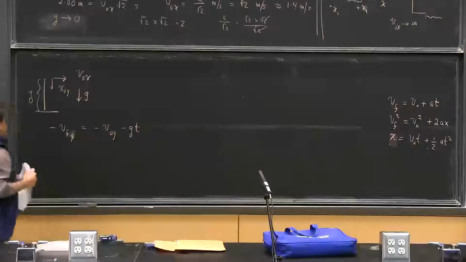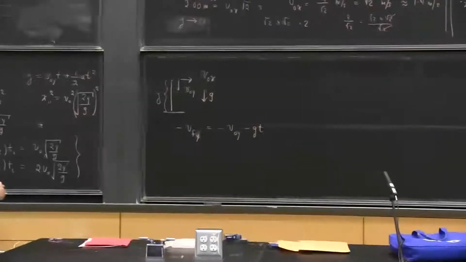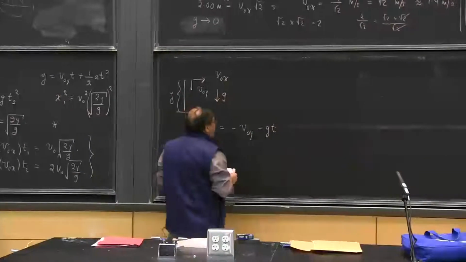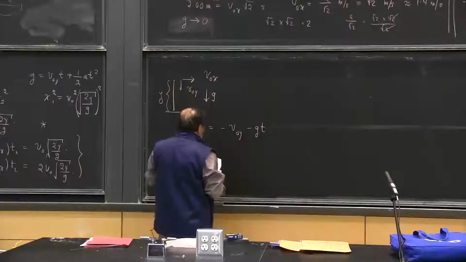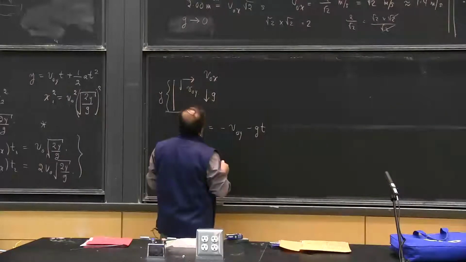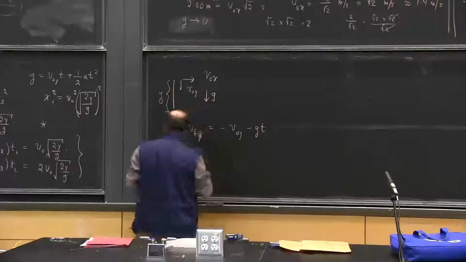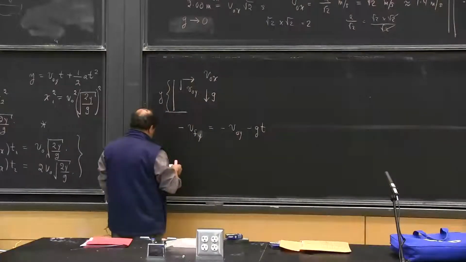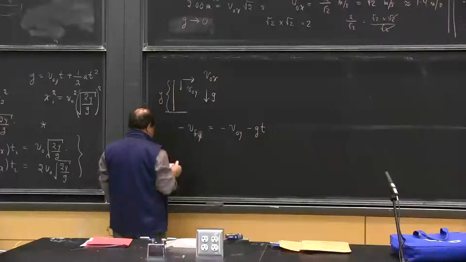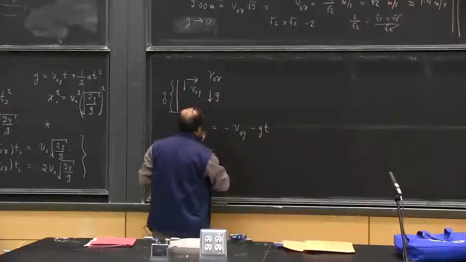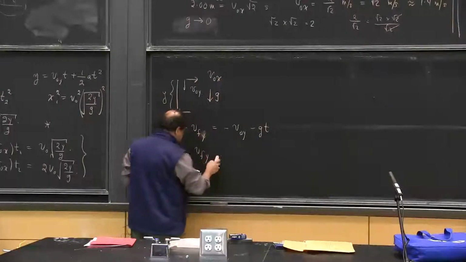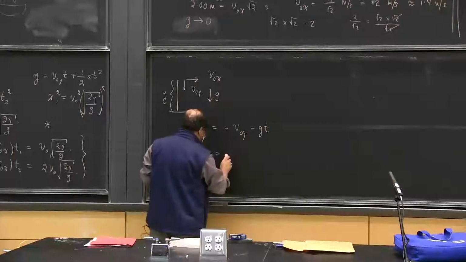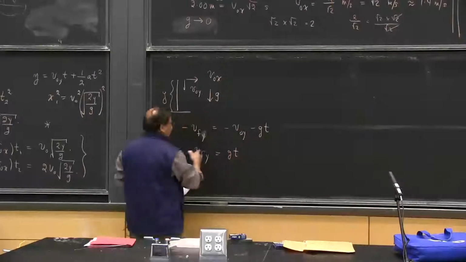So here I can, for example, see that v final y is minus v0y minus g times t. And if v0y were not there, then I can also see that v final y would be g times t if this piece is not there. Right? I can put a minus and a minus here.